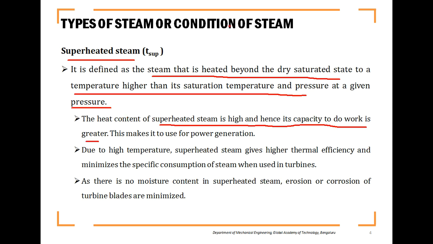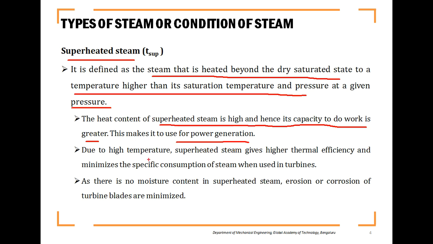That is why only superheated steam is chosen for production of power. When the heat content is very high, the work done on the turbines is very high, so this makes it suitable for power generation.